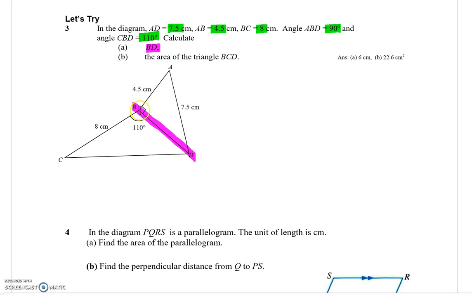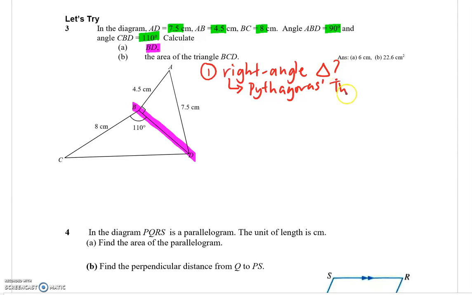The first question you need to ask yourself is, is it a right angle triangle? Because only with a right angle triangle can we consider things like Pythagoras theorem or SOH CAH TOA. Remember this, if it is not a right angle, we cannot use any of these properties.